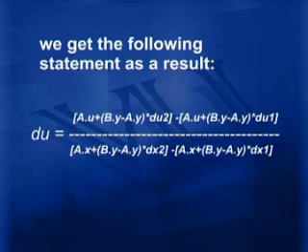We get the statement which is following. du is equal to a.u plus (b.y minus a.y) times du2 minus a.u plus (b.y minus a.y) times du1. This forms the numerator, and the denominator would be a.x plus (b.y minus a.y) times dx2 minus a.x plus (b.y minus a.y) times dx1.